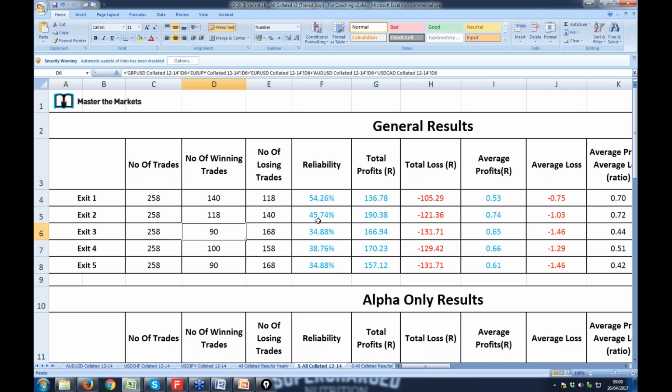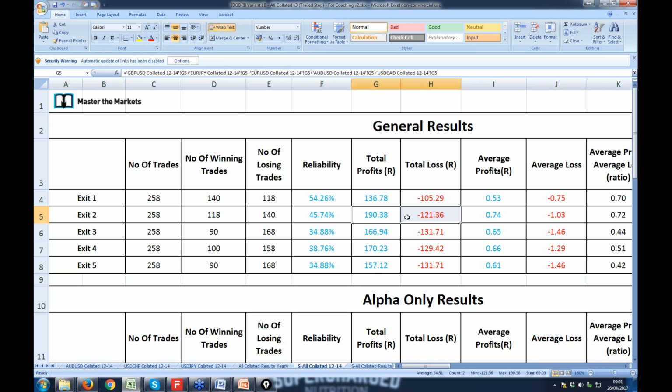But if you look at exit 2, which only has a 45.74% probability of winning, less than 50%, exit 2 gives you a net profit of 69.03%. It's more than double exit 1, which has a higher reliability.